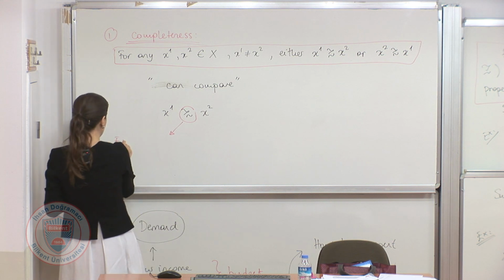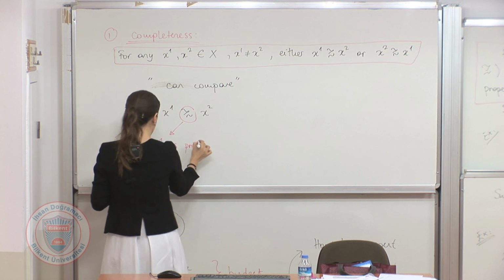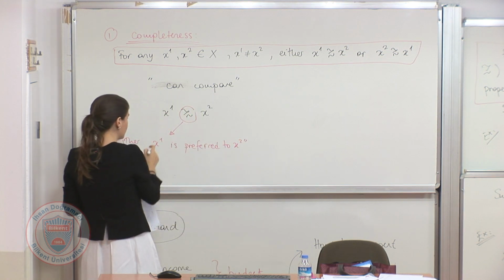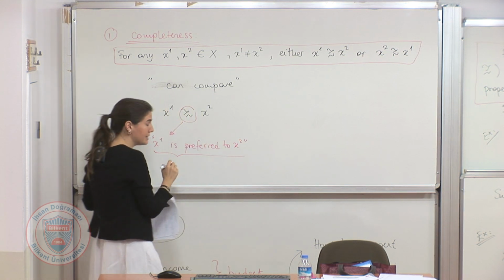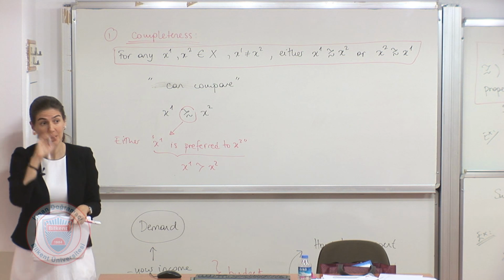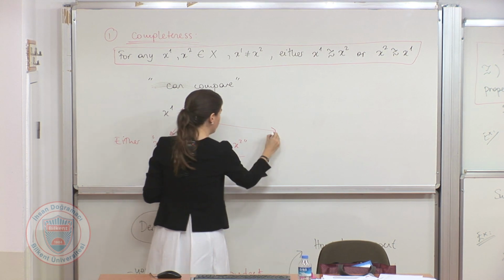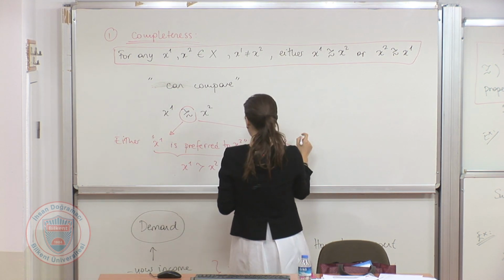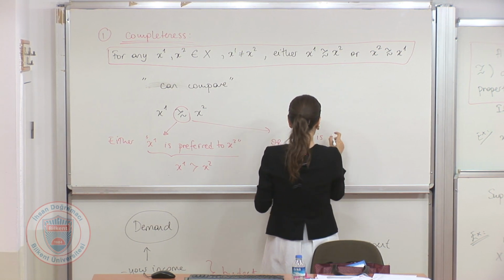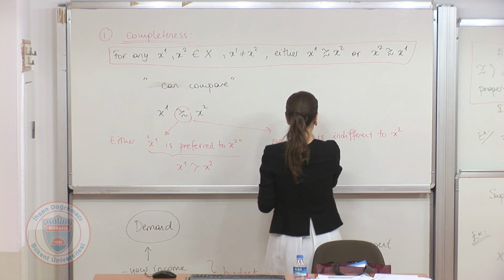Either x1 is preferred to x2, and we show this as a wiggly, strictly greater than sign, or we actually have x1 is indifferent to x2, okay?